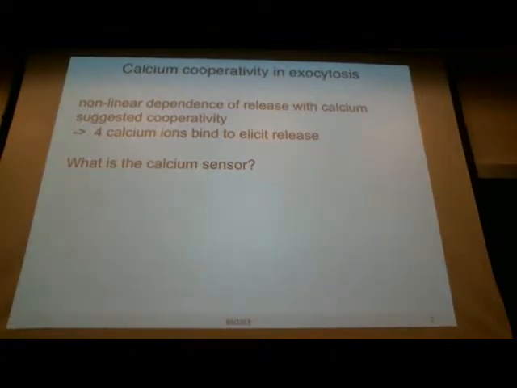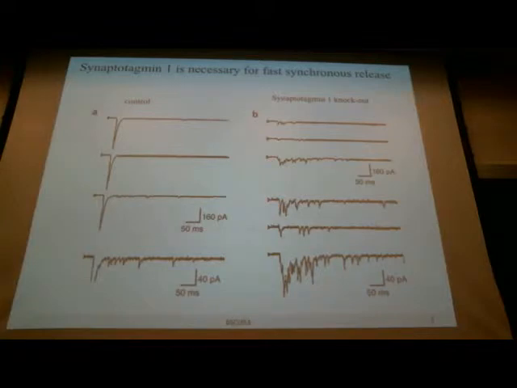Go on. Okay, so we talked a little bit about all the proteins, the SNARE complex, and I want to talk about one particular protein that's one of those components, and that's synaptotagmin. So people identified a bunch of proteins.